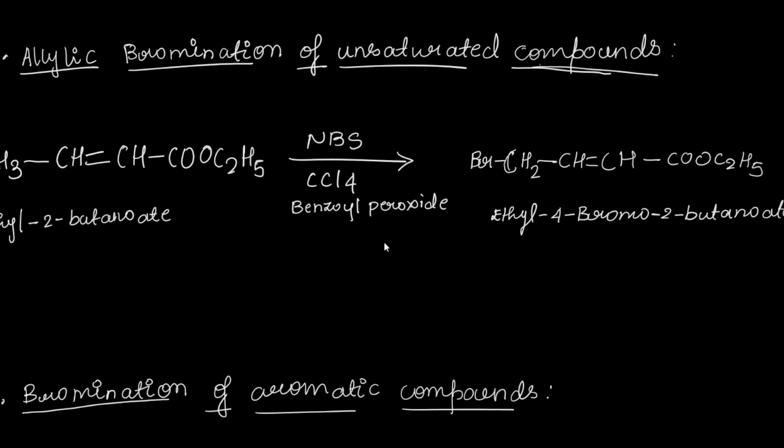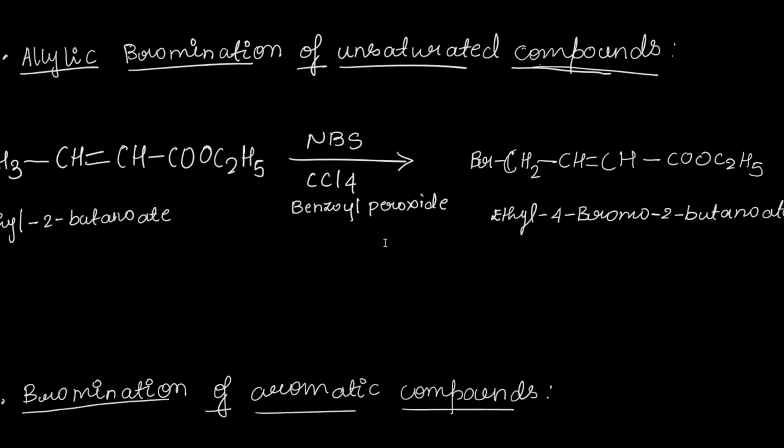So NBS brominates unsaturated acids, esters, aldehydes, and ketones. These reactions occur at the allylic position of the double bonded systems, producing products that serve as intermediates in pharmaceuticals and polymers. So NBS makes bromination at allylic and benzylic positions, as we saw already.